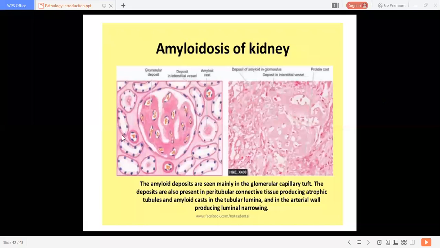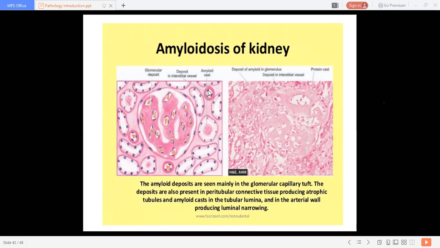The kidney may appear shrunken or contracted due to the vascular narrowing. Here we can see the luminal narrowing. The tubular lumina get disturbed, they may get narrowed, as well as the vessels.